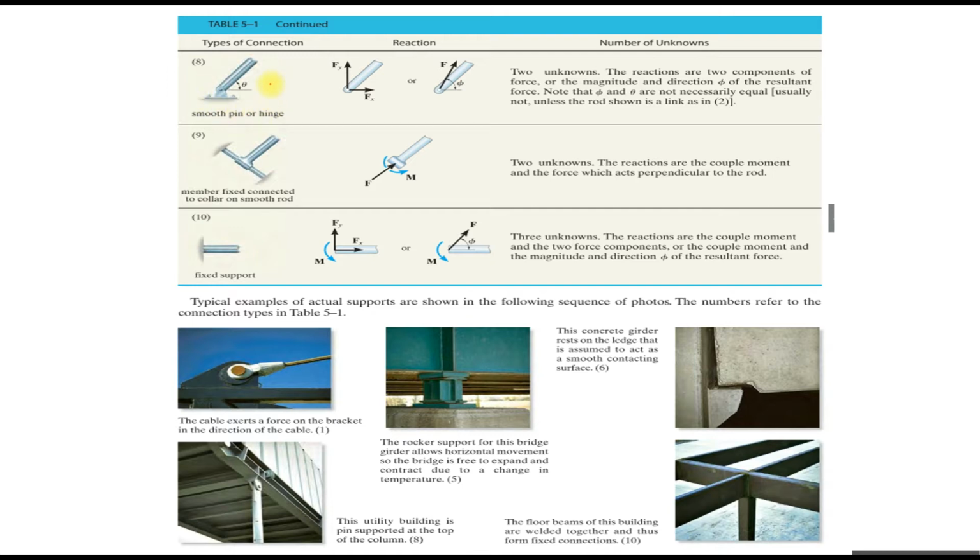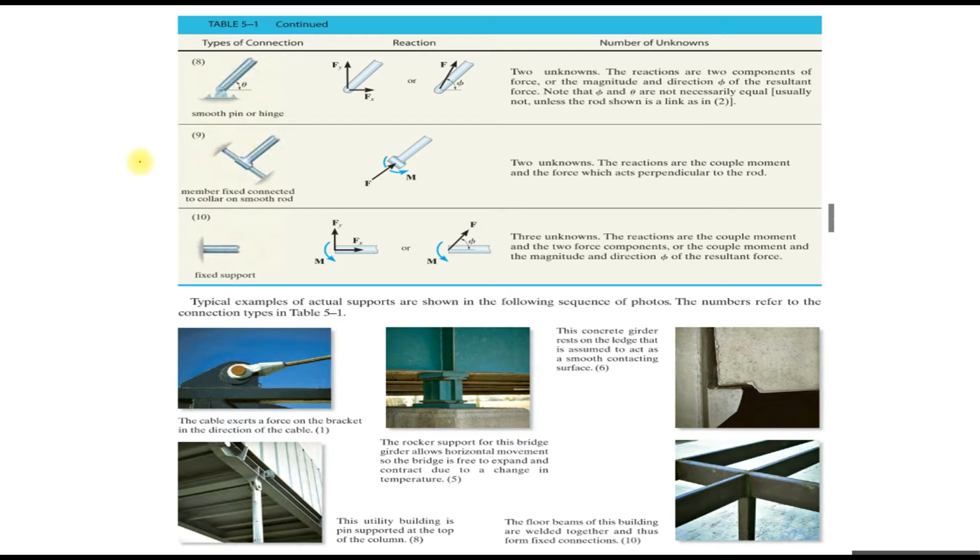If a member is fixed-connected to a collar on a smooth rod, we also have two reactions: a reaction force at the point of contact and a rotational moment. Finally, if you have a fixed support, then all three reactions exist: both axial forces Fx and Fy, and also the rotational moment.